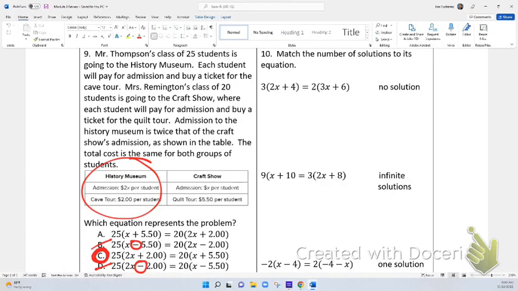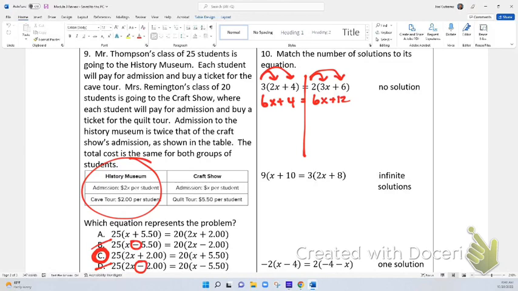Okay, and then for number 10, we're just matching. So you'll notice it says no solution, infinite solutions, one solution. So all I'm going to do is for each one of these, I'm going to solve the equation just like we did on yesterday's worksheet, the 3.5. So this gets distributed. We get 6x plus 4. 2 times 3, 2 times 12 gives you 6x plus 12.